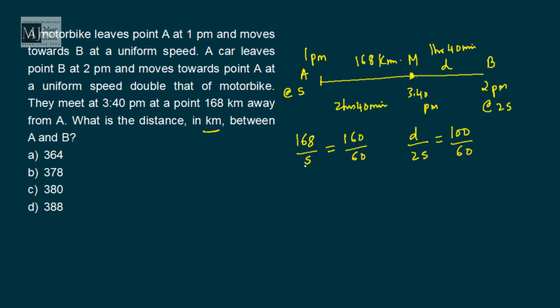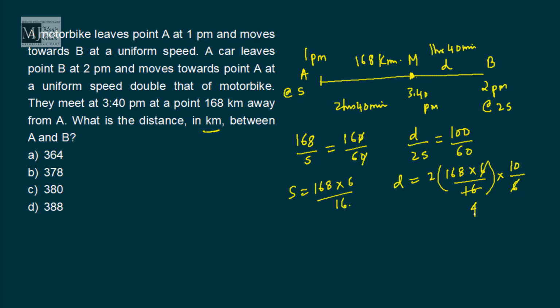Now I need to find the value of D. To find that, let me eliminate S. So value of S is actually 168 into 6 by 16. If I substitute this here, D equals 2 into S into 100 by 6. 6 cancel out.